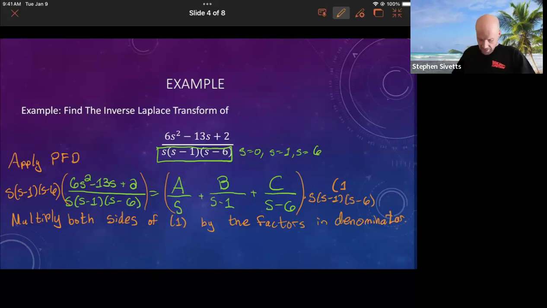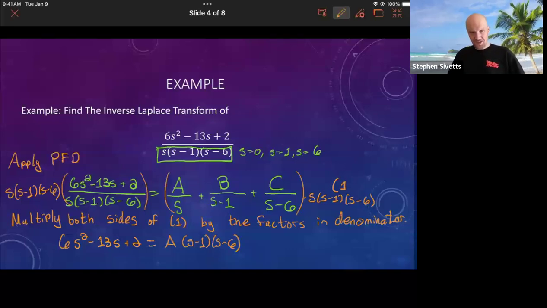Okay, so we'll have an algebraic equation. So 6s squared minus 13s plus 2 is equal to A times, in this case, the s's cancel, so we'll have s minus 1 times s minus 6. Okay, this is so we don't have to deal with fractions, right?